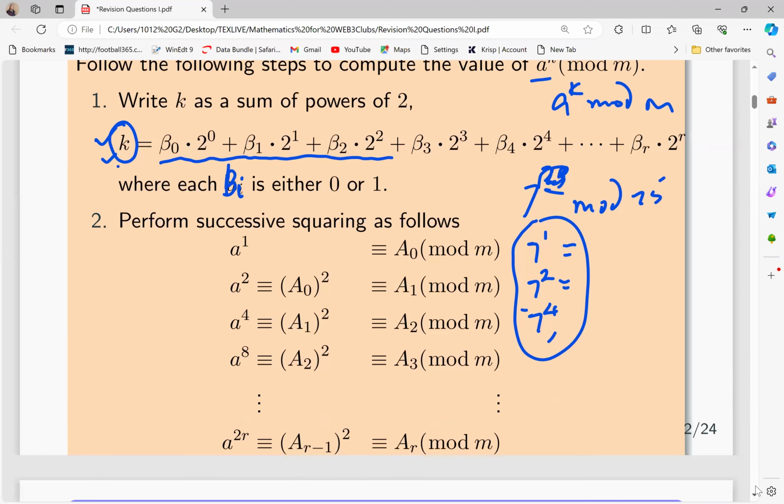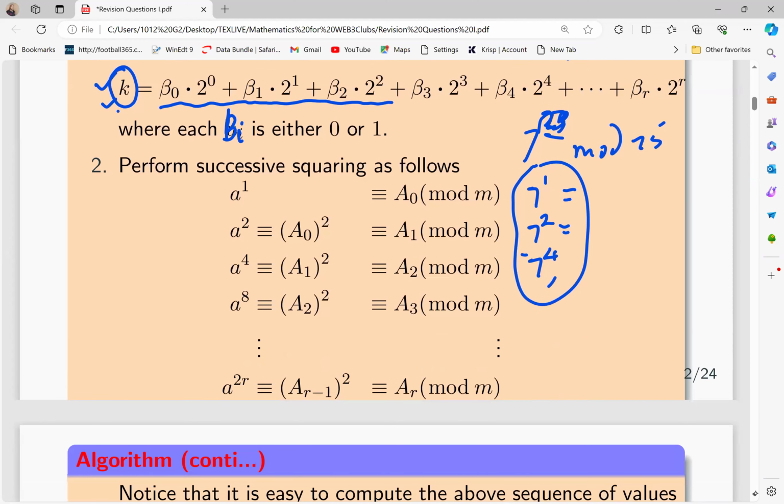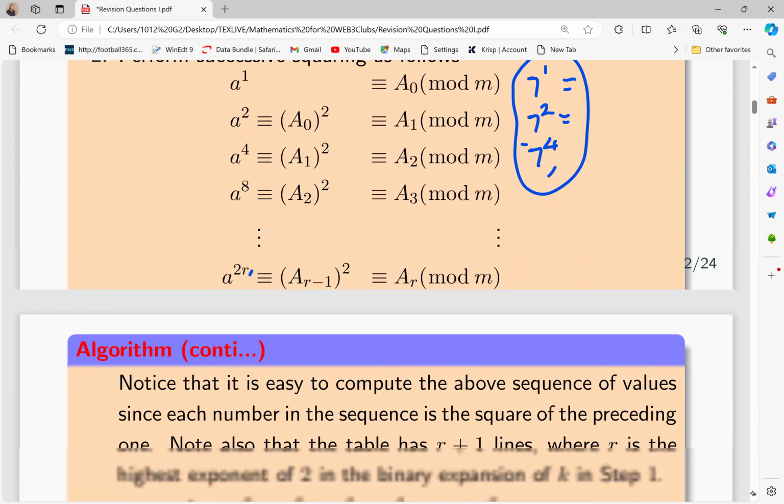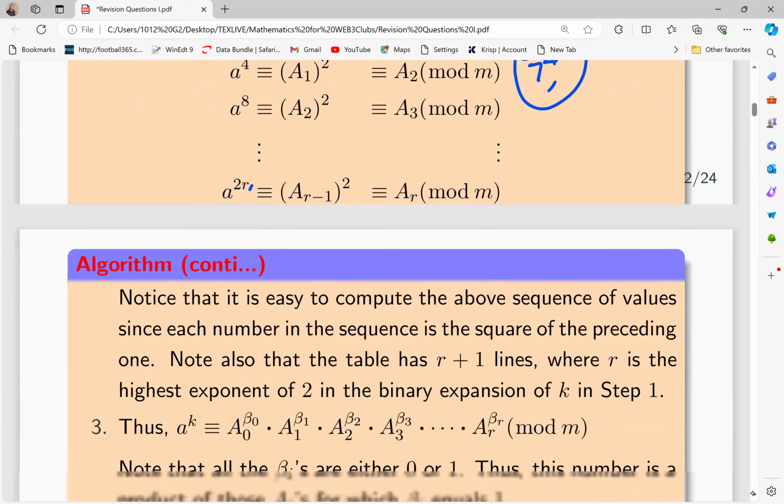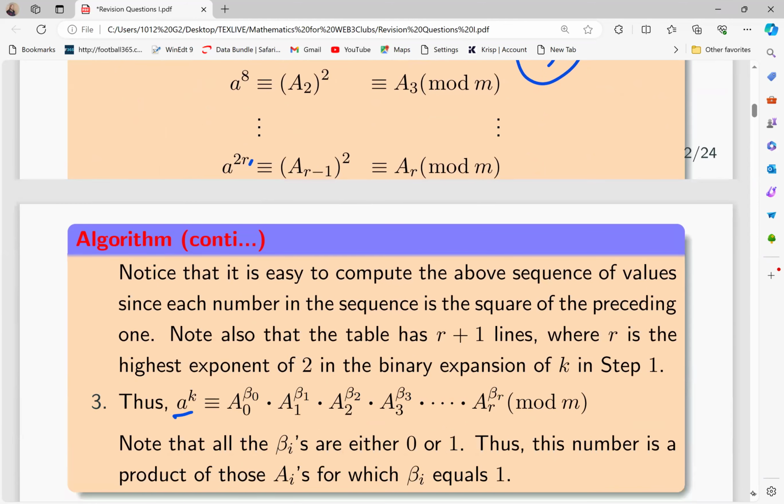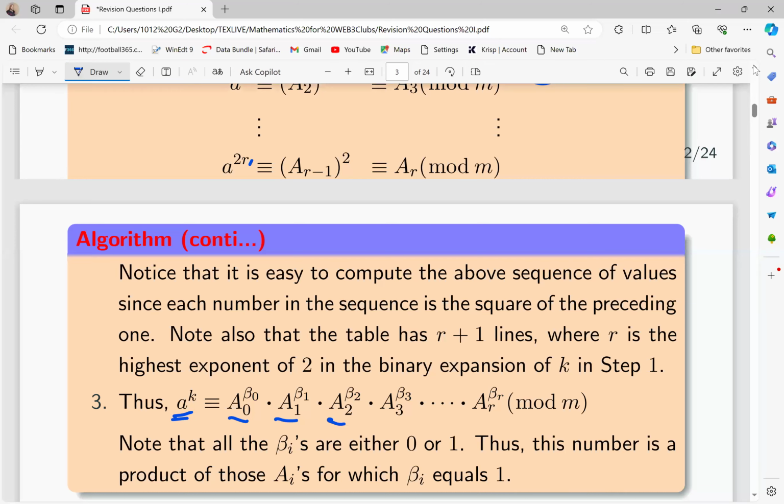I've said that we are doing that up to a raised to 2 to the r. That is the algorithm. Then how do you find a raised to k? A raised to k becomes a naught raised to beta naught times a1 raised to beta 1 times a2 raised to beta 2. Now you need to know what a naught, a1 are.